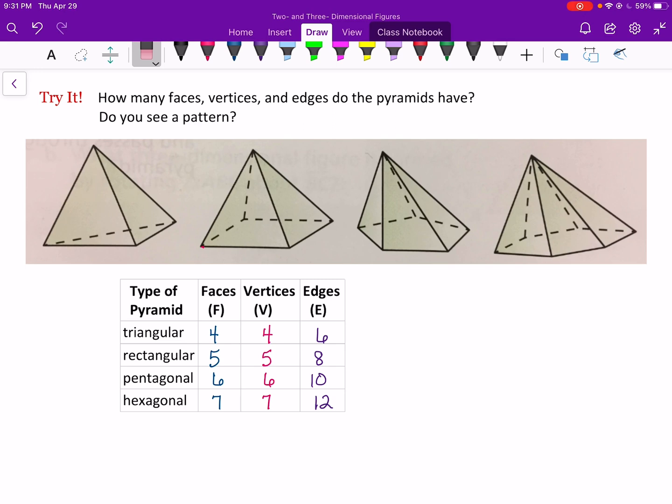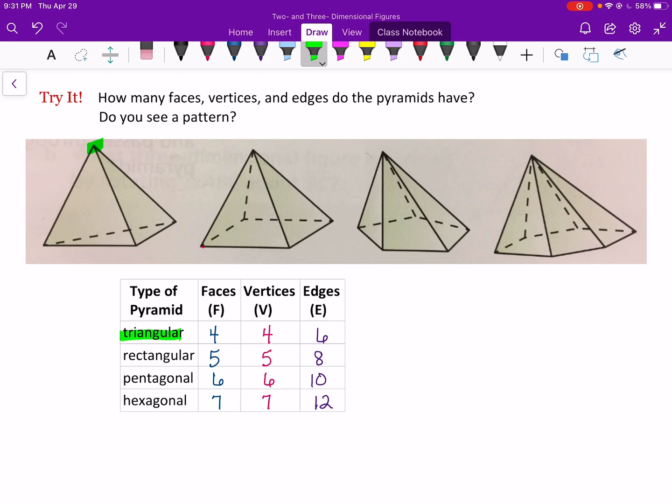The first one is a triangular pyramid, and it's called triangular because all the sides are triangles, and the base is a triangle. And that's really the reason, the base is the reason it's called a triangular pyramid. Pyramid because it comes to a point, and triangular pyramid because the base is a triangle. It has 4 faces.